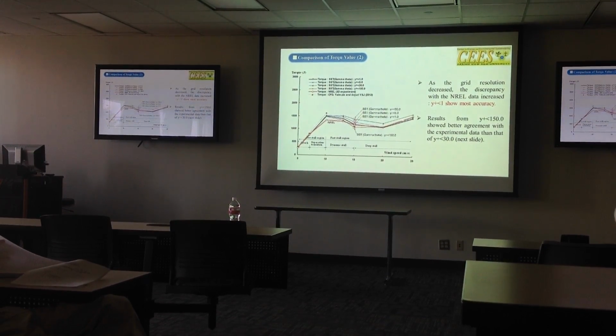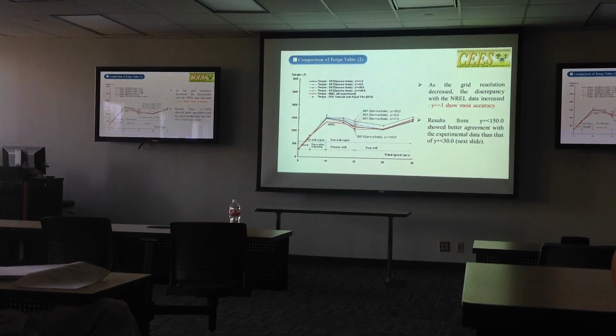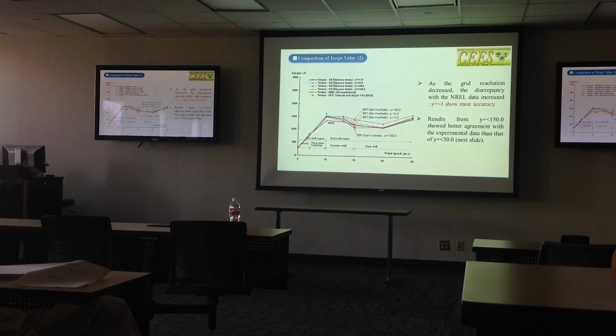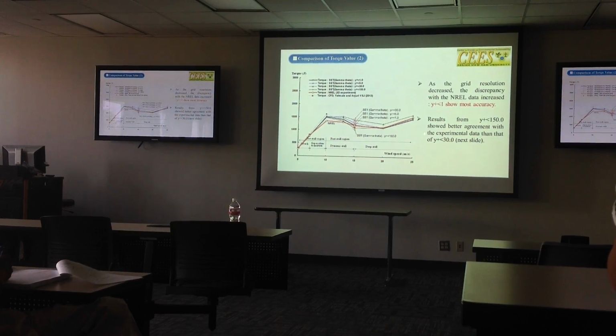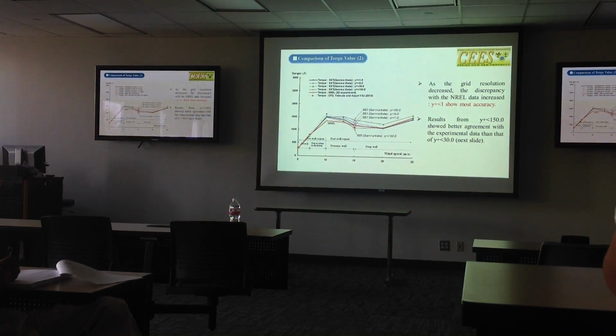As the grid becomes finer, for example from Y plus less than 1 to 150, the error or the disagreement also increased. Comparing these four different Y plus values, we found the Y plus less than 1 case showed better results than the other three.